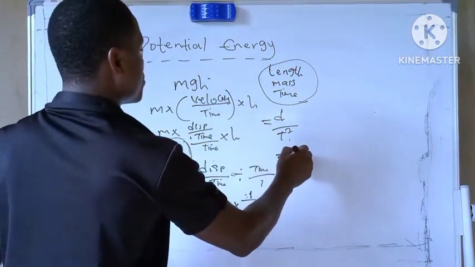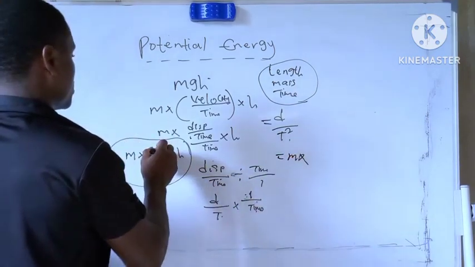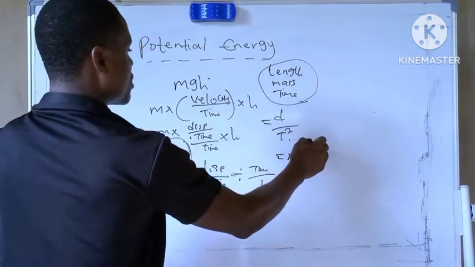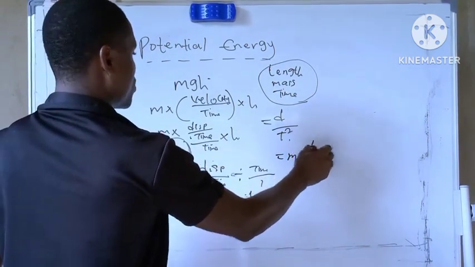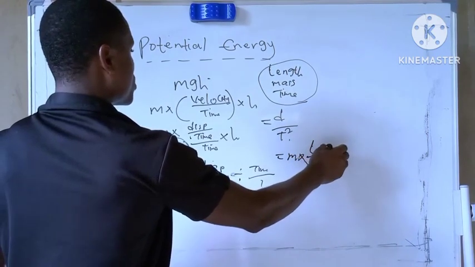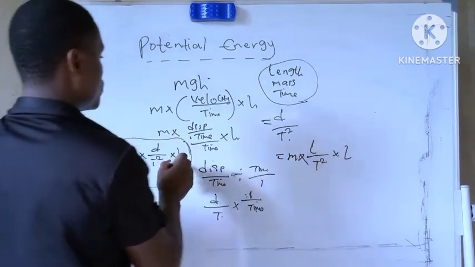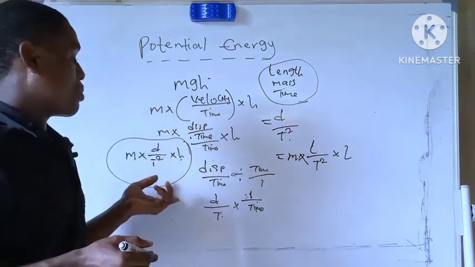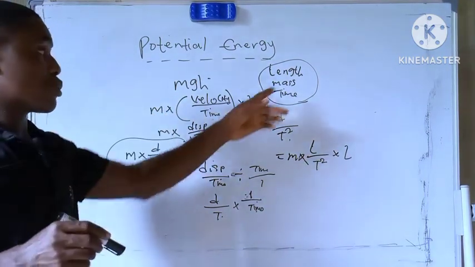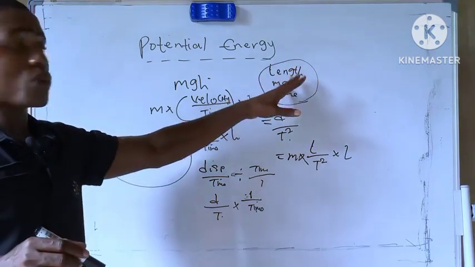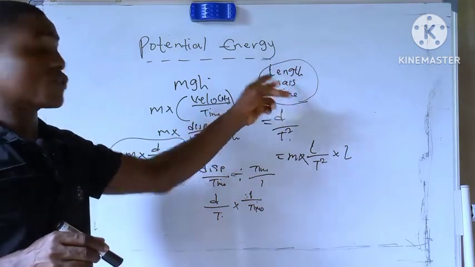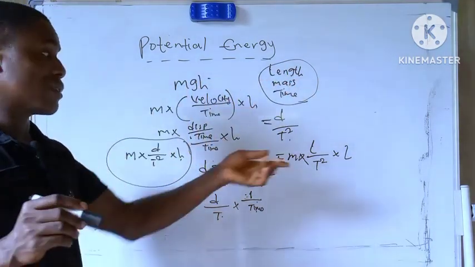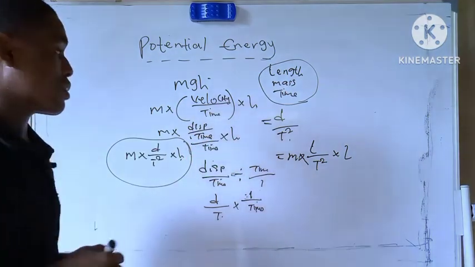So equal to m multiplied by, in displacement we put L, which is the symbol of length, all over t square multiplied by L, which is the h. We have changed from h to length. We want to change everything in order to correspond with these given quantities, because these are the only three approved quantities used in writing down the dimensions of physical quantities.